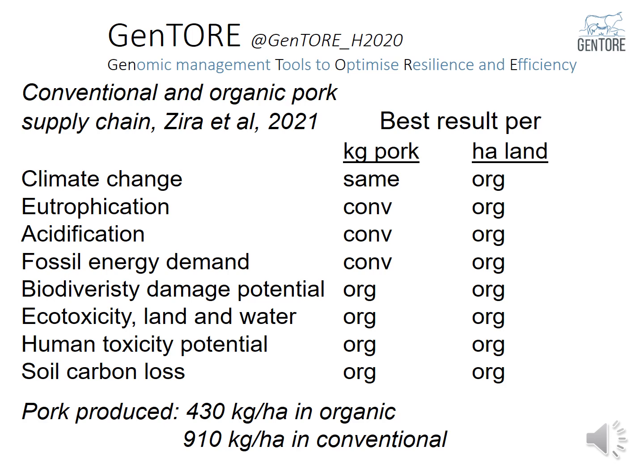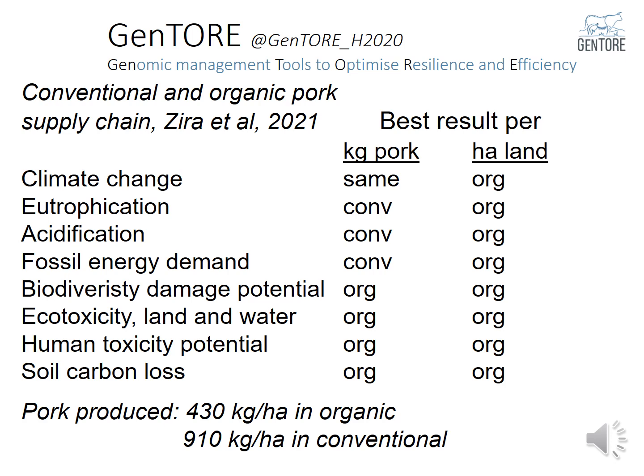And in this study, in this life cycle assessment of environmental impacts of pig production, the organic system was more sustainable. But due to lower efficiency, we get much less pork per hectare in the organic system. So, again, we would need to adapt our consumption if the organic system was the main system.